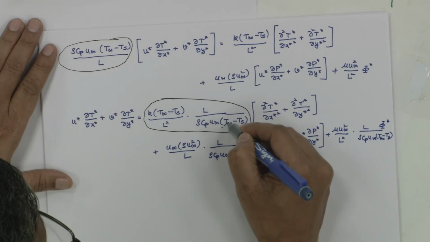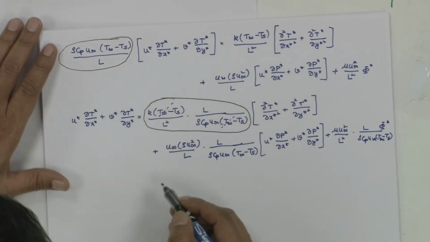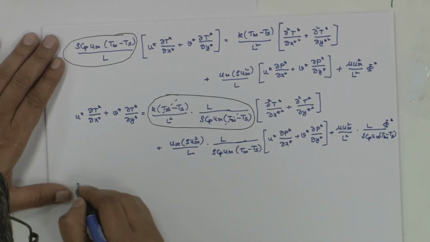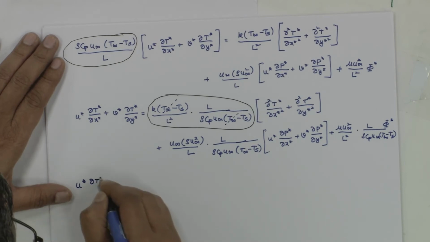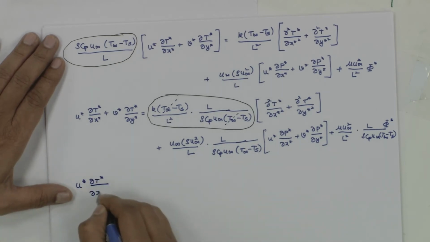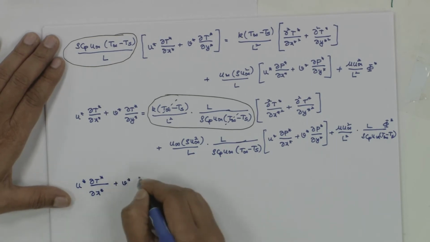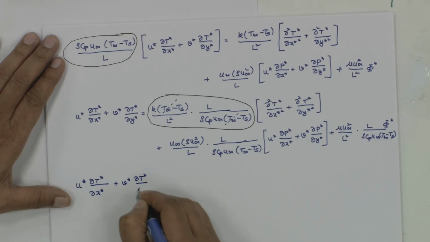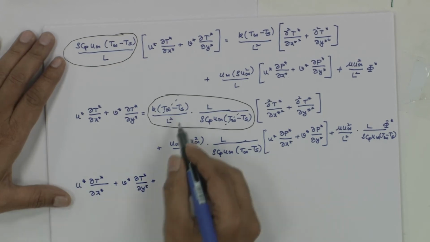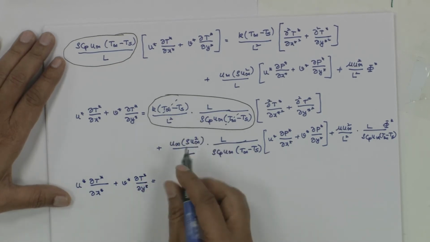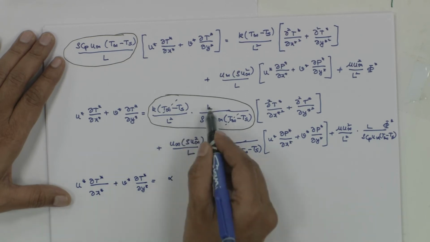T infinity minus Ts gets cancelled out. So let me write down u star del T star by del x star plus v star del T star by del y star equal to k by rho Cp, which can be written as alpha, and L gets cancelled.